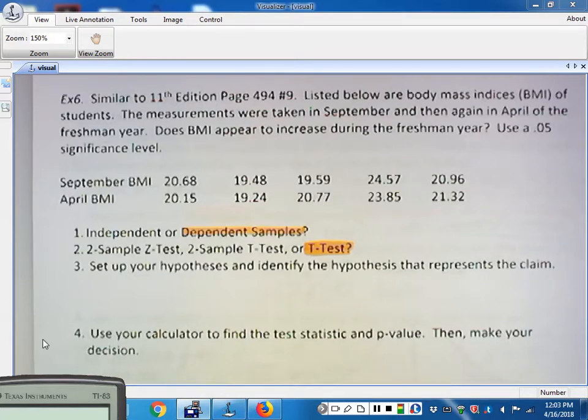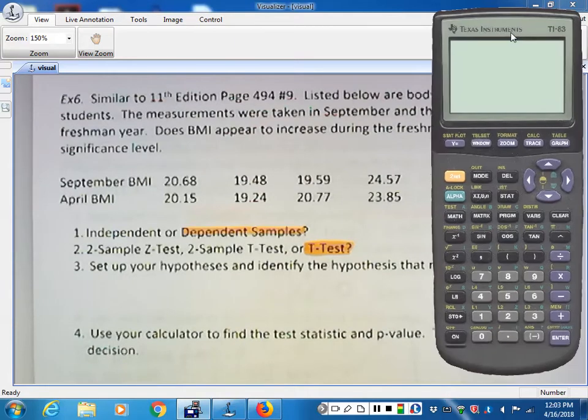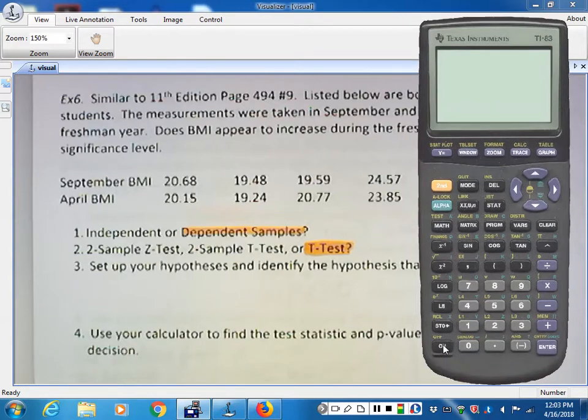So what we're going to do is we're going to use the calculator, and I think I showed you last time there's two different ways that you can actually do this. Since we have a relatively short list, we'll go with the way of just actually subtracting each one. Now remember, the way that you subtract these is always after minus before. Okay?